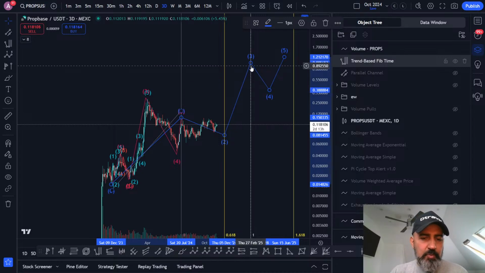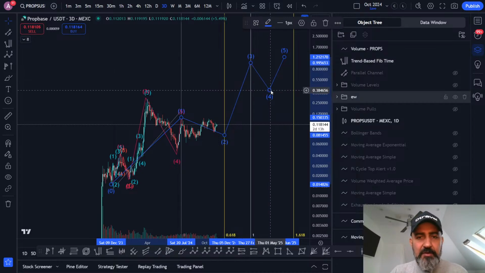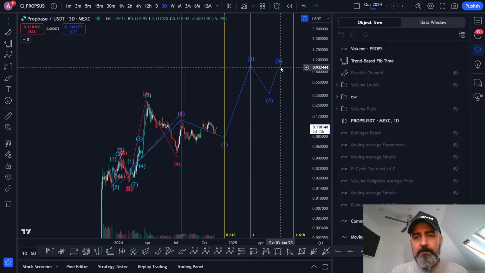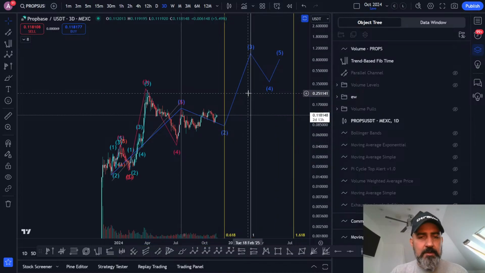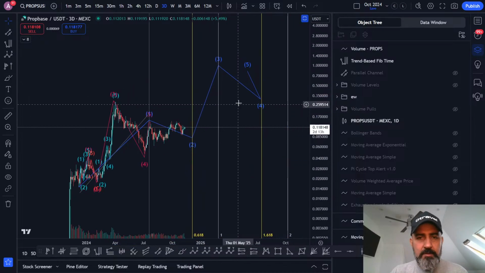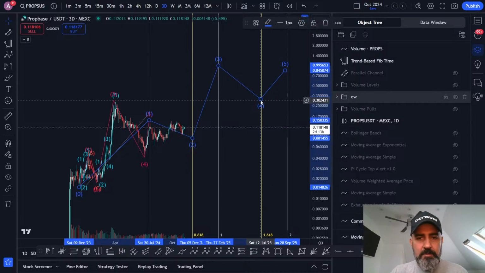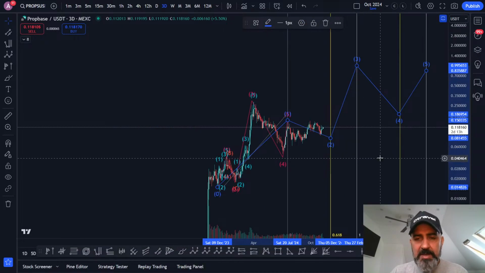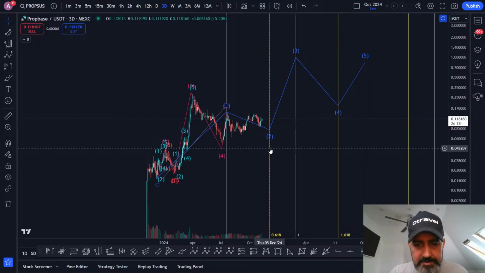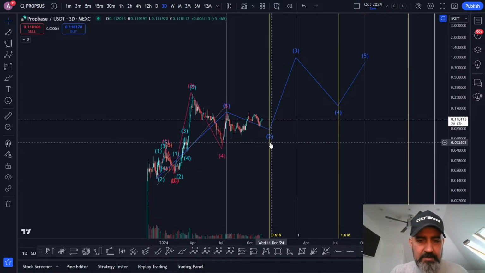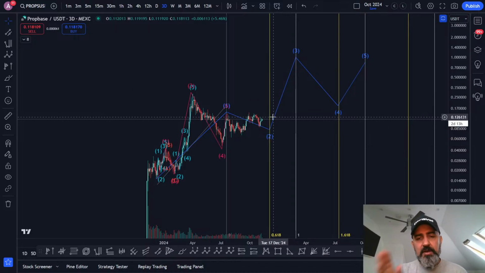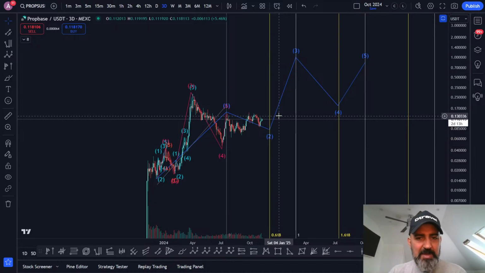And then it goes up to the 1-to-1 towards the end of November. It's kind of timings, something like that. So there's a pivot here based on this wave coming at the beginning of December. These fib times are areas of time. They're not exact pinpoint times.